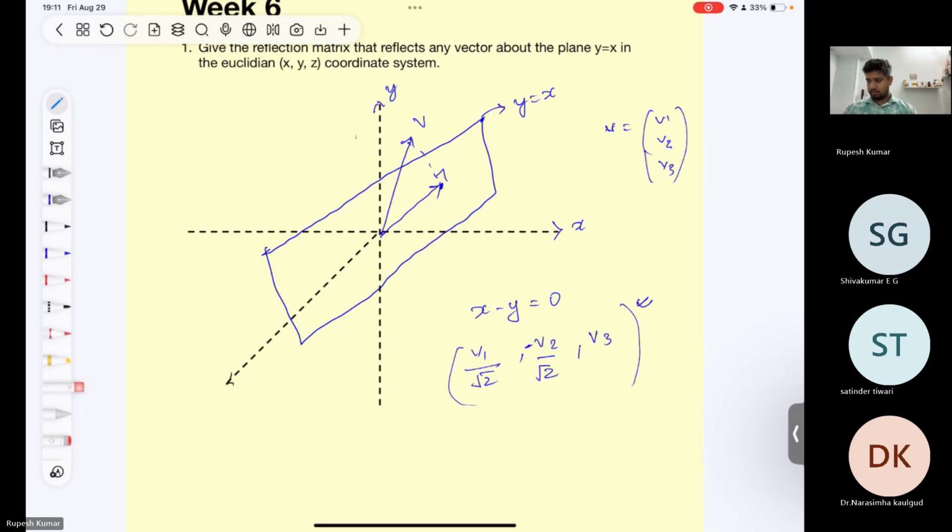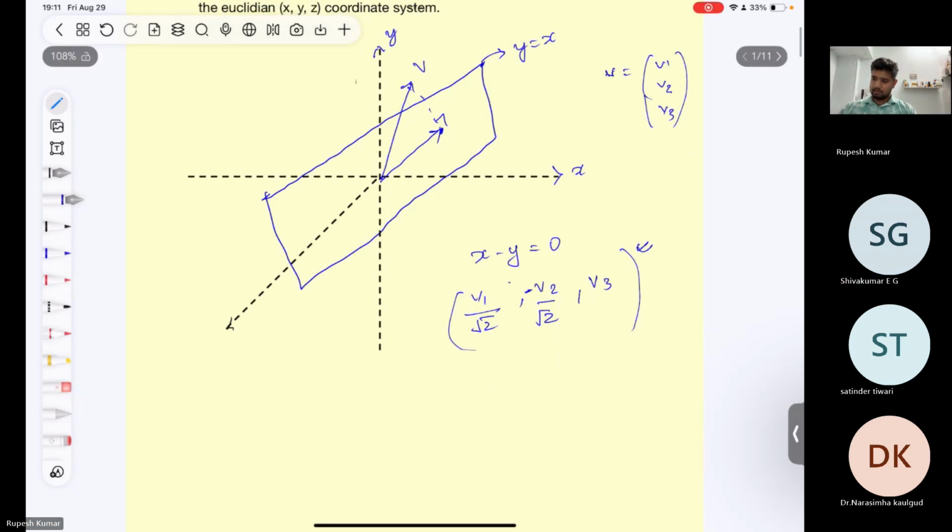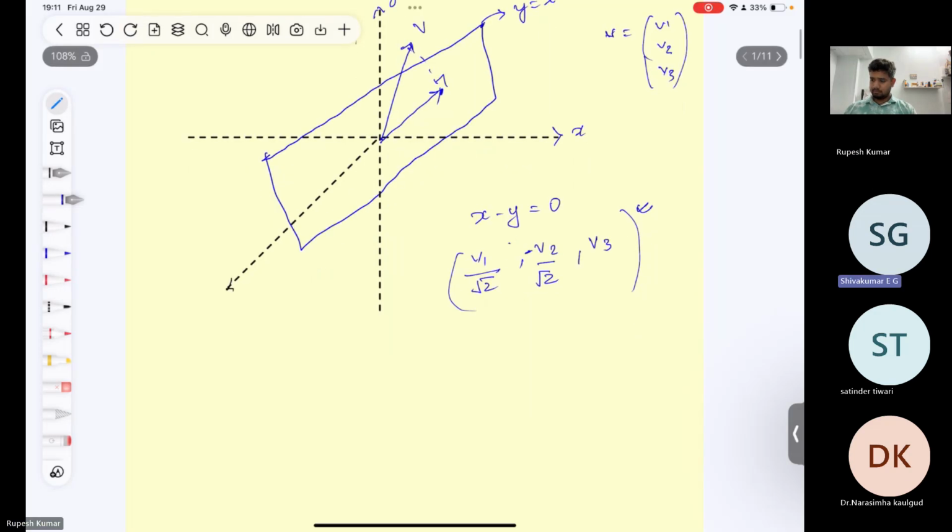When it is 90 degrees, what will be the slope of the perpendicular with respect to the xy plane? It will be 90 degree. With respect to v, what will be the angle between v and the line perpendicular to the plane?